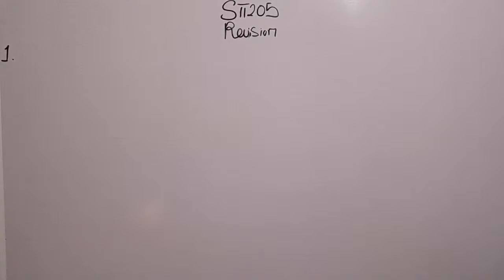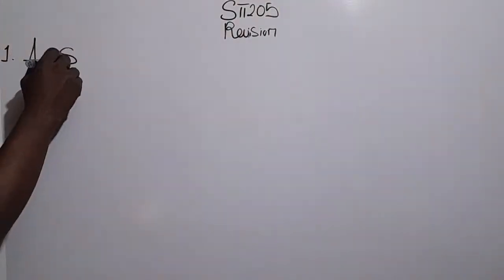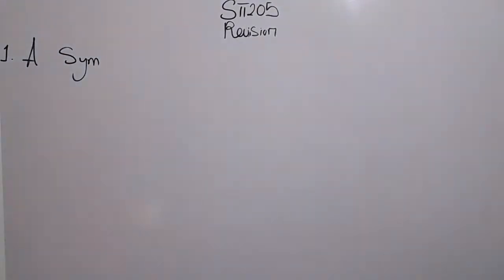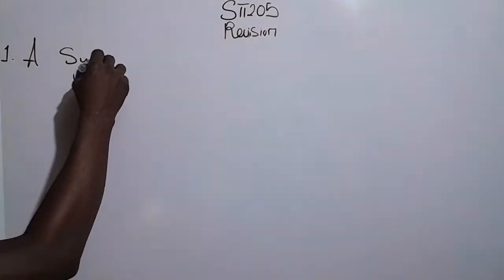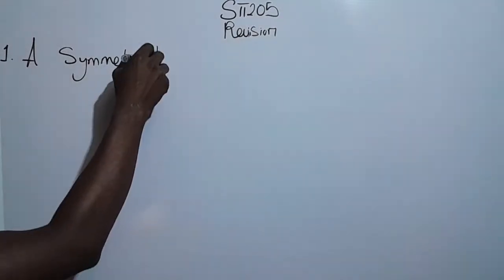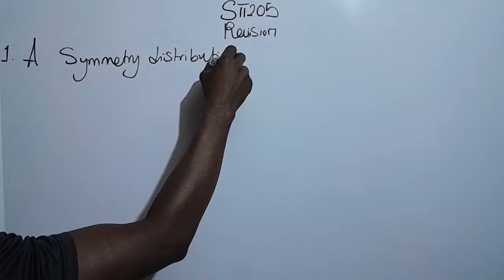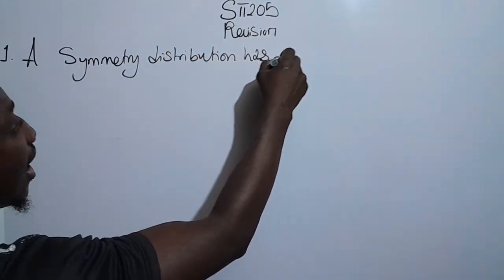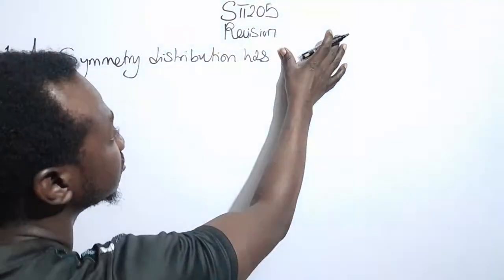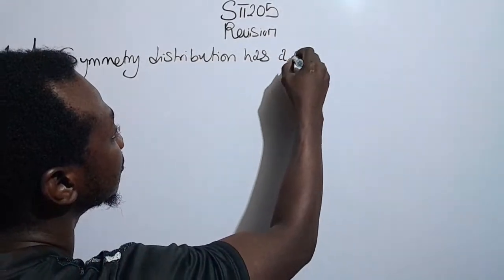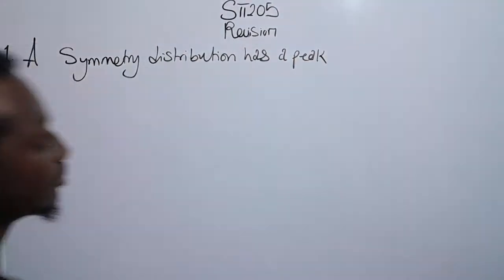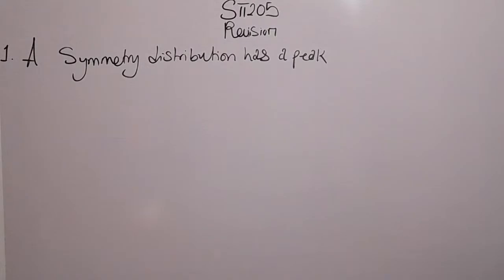A symmetric distribution has a peak at the dash of the distribution.